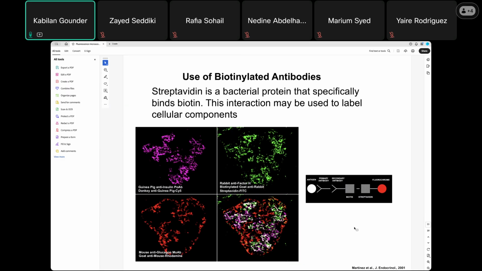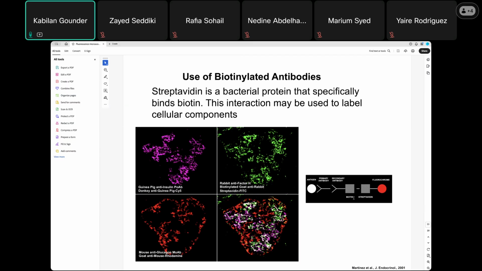The biotin and the streptavidin-fluorophore conjugate will be beneficial. If you really want to study cellular events, this way helps more when compared to the typical fluorophores.